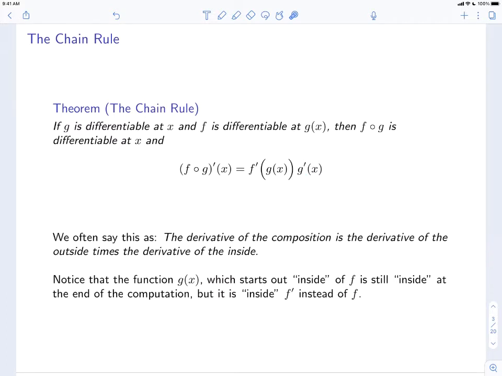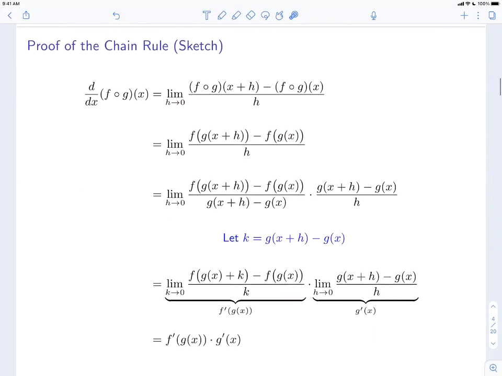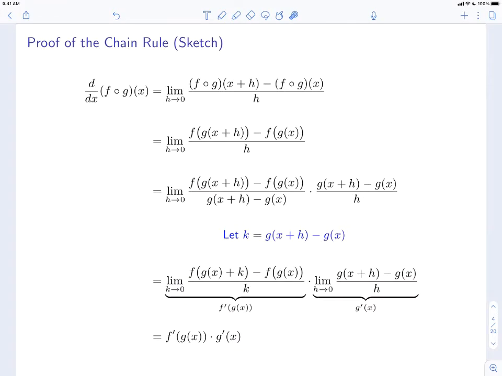So why is the chain rule true? Well, we can look at the proof. This is really just a sketch of the proof because we're going to leave out a few of the details. So we start off with the derivative of the composition, and we look at the limit definition. It's the limit as h goes to 0 of the composition at x plus h minus the composition evaluated at x, and then of course that divided by h.